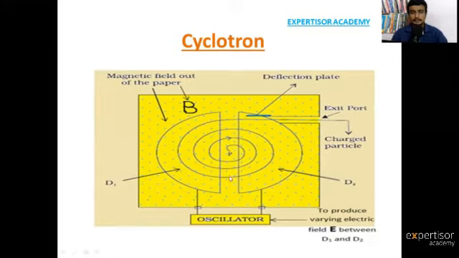This charged particle exits in this way. You have to keep the deflection plate and observe the deflections in these D's. Okay, so this is the construction of the cyclotron.